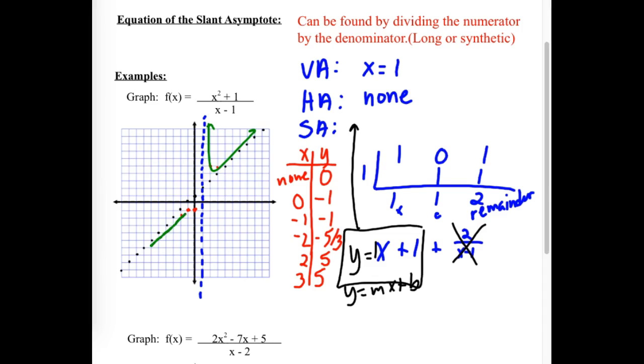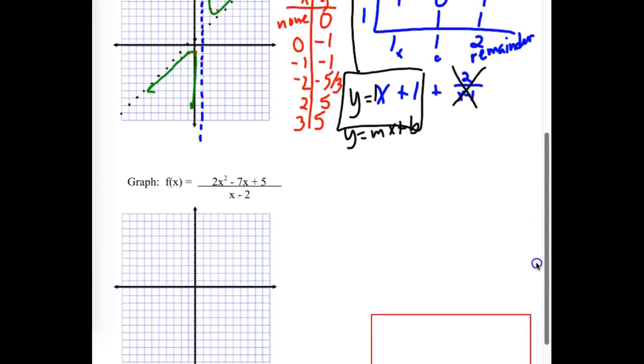It's going to go up above that negative 1 and then back down through it. That is a very typical shaped graph when you have a slant asymptote. The other option is that you're going to have curves on the outside of the asymptotes. All right, we got one more to try.